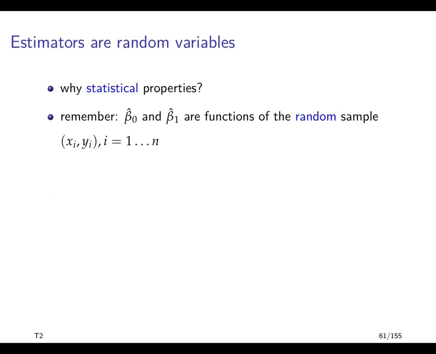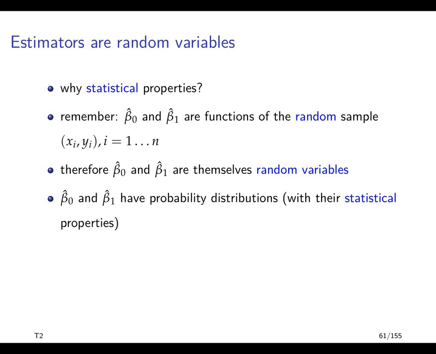So these estimates are functions of the random sample. If they are functions of the random sample, this means that they themselves are random variables. And random variables, we saw on the first day, on the first topic, have probability distributions or density functions, cumulative density functions, with their statistical properties.